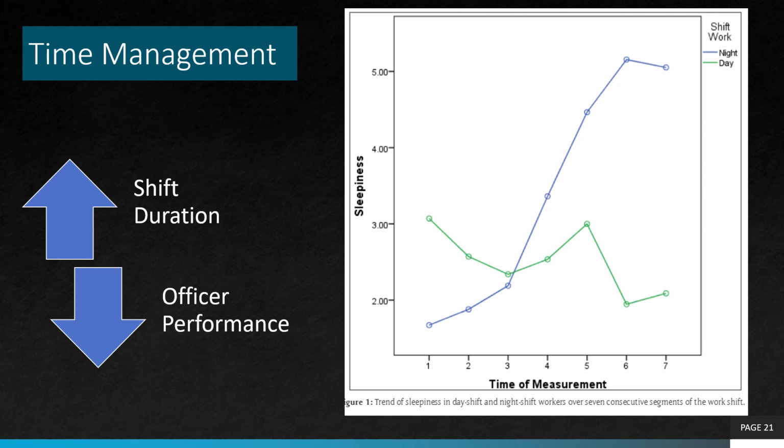The longer the shift goes that the officer is working, their performance is going to decrease. And that just makes sense, right? The longer you do any task, the likelihood that you're doing that task as well as when you first started is diminishing.